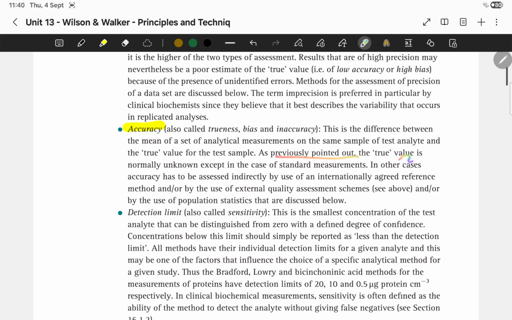As previously pointed out, the true value is normally not known except in the case of a standard measurement. In other cases, accuracy has to be assessed indirectly by use of an internationally agreed reference method, by the use of external quality assessment schemes, and or by the use of population statistics that are discussed.